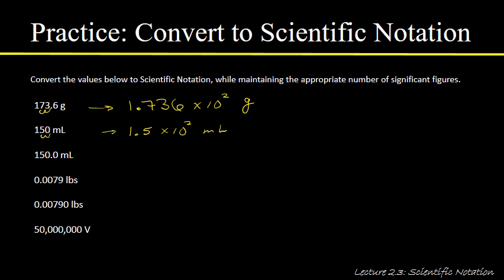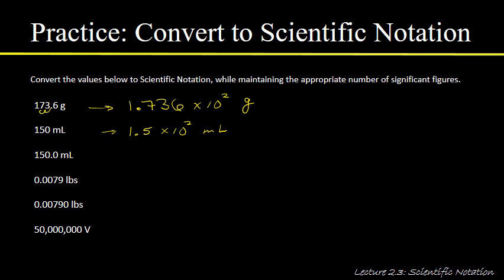Okay. And here we're making a little bit of an assumption, because remember, when you write a number like this, the number of significant figures in this case is actually ambiguous, and that's part of the reason that we're using scientific notation in the first place, right? So this number, as it's written, 150, could actually be 3 significant figures.